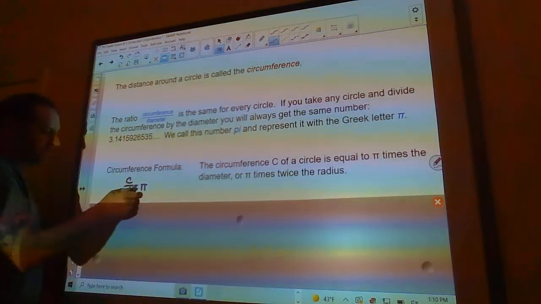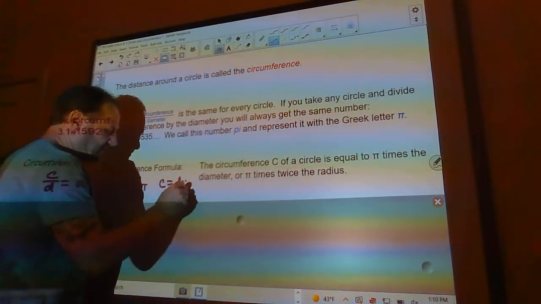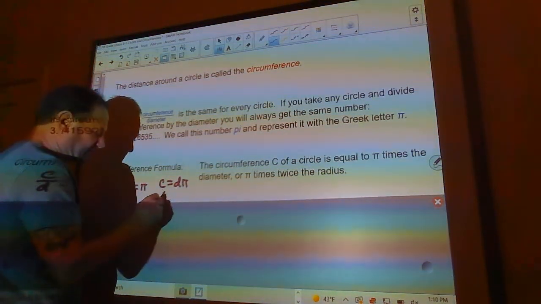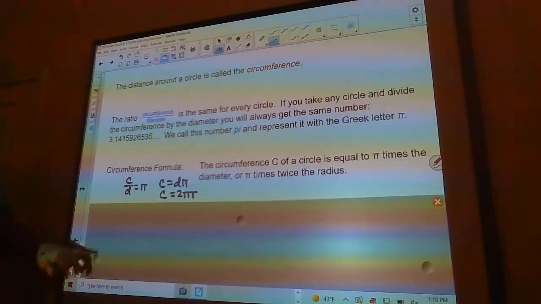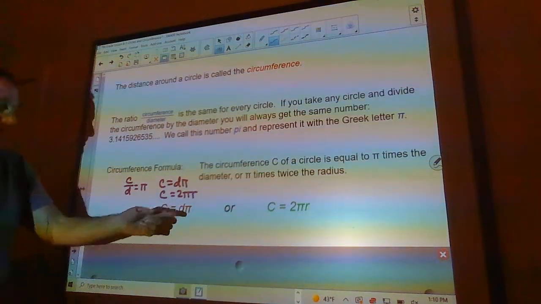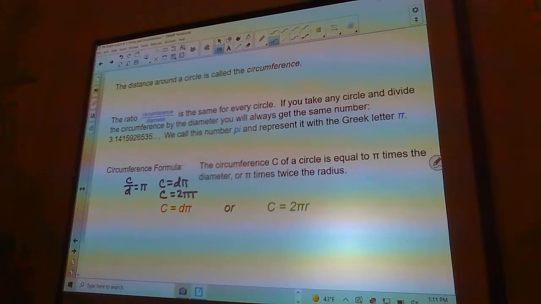Well, if I multiply both sides of this equation by d, I get C equals d times pi. Okay, so there's our formula. And then, of course, since the diameter is twice the radius, I could change this to 2 pi r. Oh, there we got the formulas right there. Circumference is diameter times pi, or the circumference is 2 times pi times the radius.